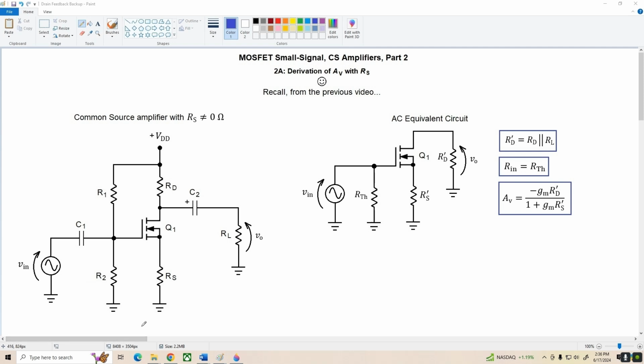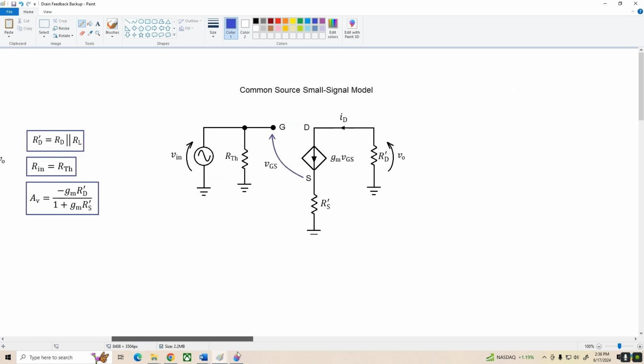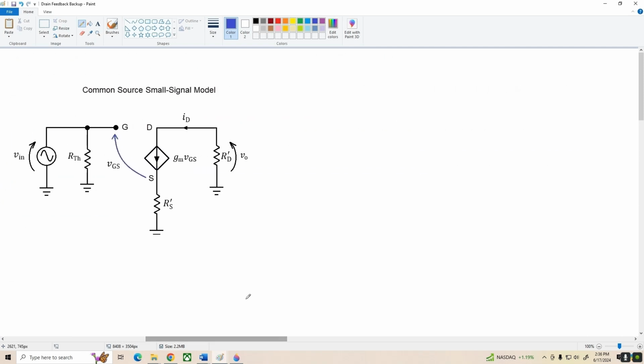So let's go on over to the next page and look at the small signal model for the MOSFET in this circuit. The first thing I'm going to do is Kirchhoff's voltage law around this left-hand loop, which gives me 0 equals Vin minus VGS minus the drop across R'S, which is ID times R'S.